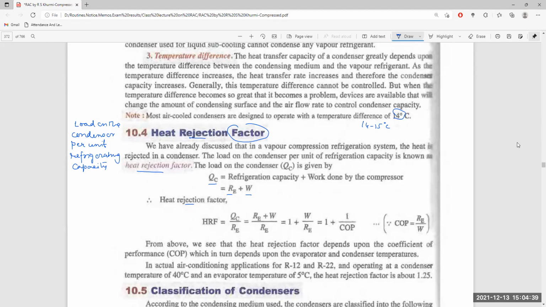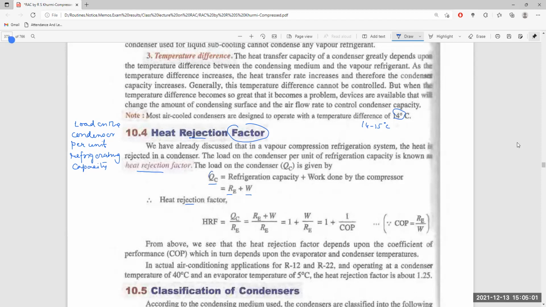The load on the condenser divided by the refrigerating effect. The load of the condenser is given by the refrigerating capacity plus the work done by the compressor. So the refrigerating capacity from your system plus the work done is the total load on the condenser.